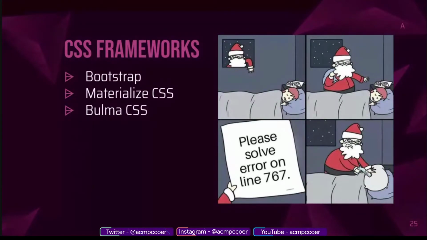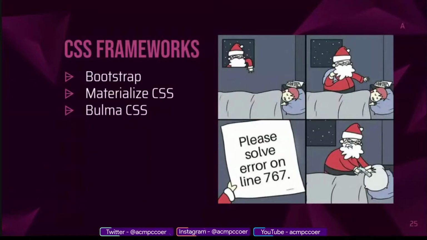There are three popular CSS frameworks: Bootstrap, Materialize CSS, and Bulma CSS. So just look at those, whichever you find useful, whichever you find amazing, you can use that. But it's powerful because when you have to build a multi-page website, you are going to write thousands and thousands of lines of code.